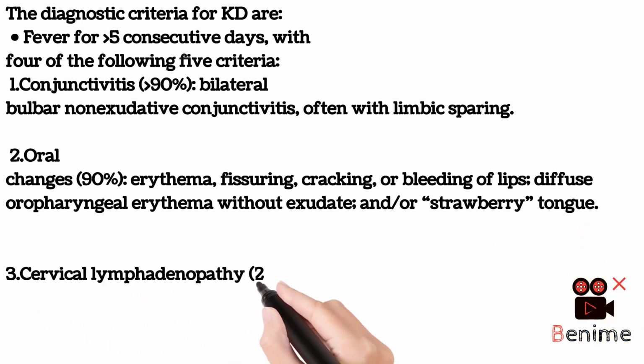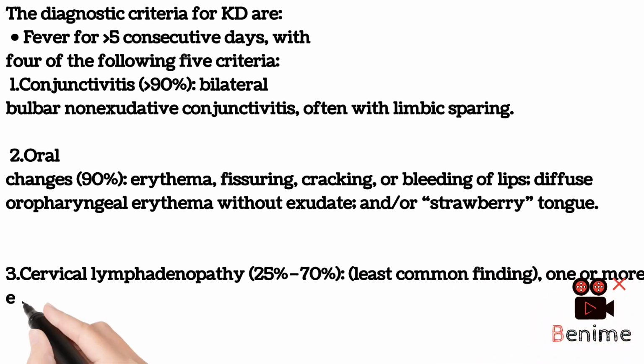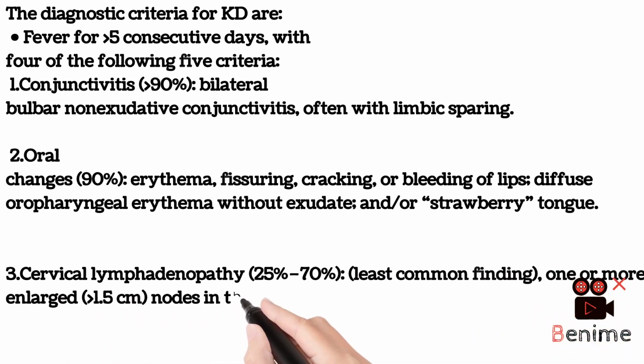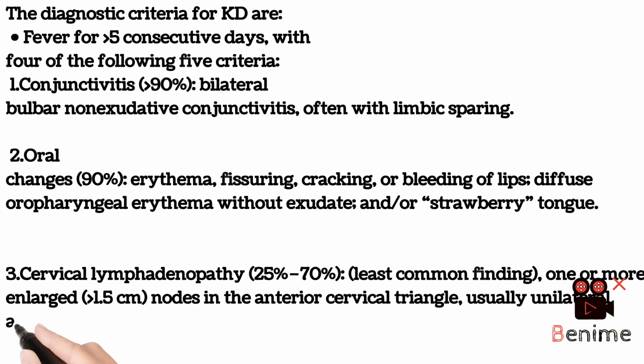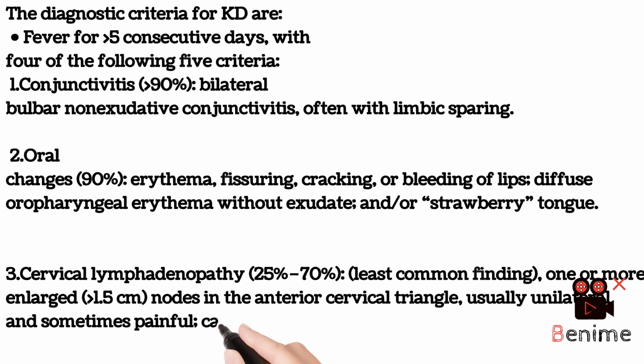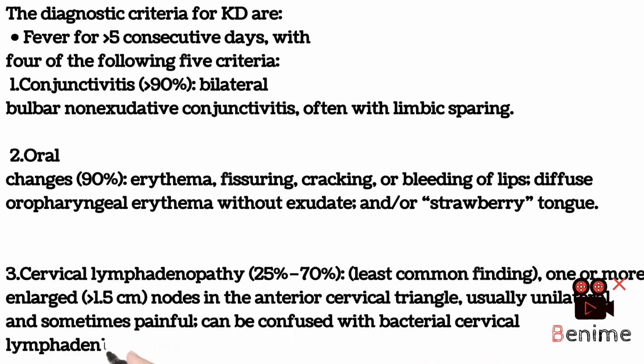Cervical lymphadenopathy, 25%-70%, least common finding: 1 or more enlarged, greater than 1.5 centimeters, nodes in the anterior cervical triangle, usually unilateral and sometimes painful, can be confused with bacterial cervical lymphadenitis.